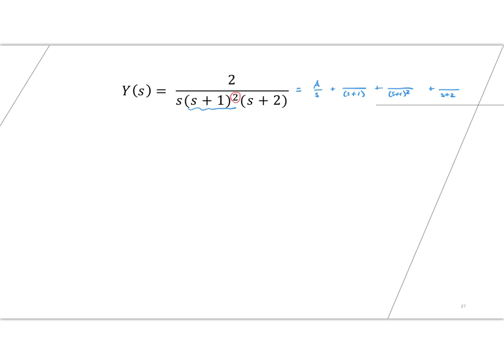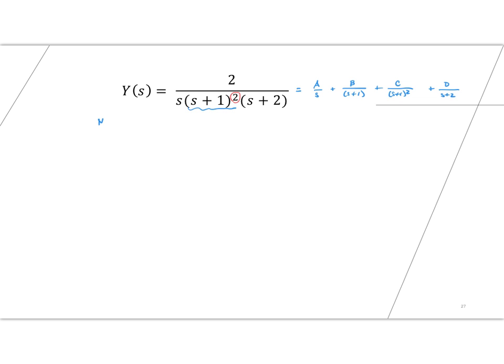If I had s plus 1 cubed, I'd have s plus 1, s plus 1 squared, s plus 1 cubed. I'm going to count up as many times as I need to for that power. And then each of these is linear in the denominator, so I'll just put a constant in the numerator. So that's a little different, but our technique is still the same.